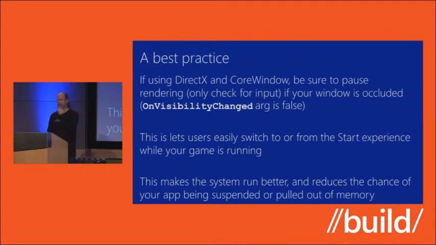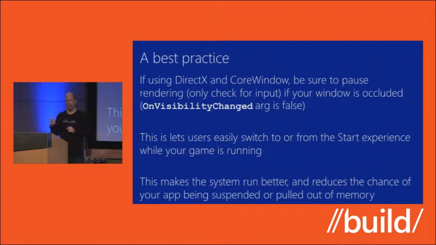Okay, there's another tidbit I wanted to remind people about, which is that while we work within the operating system to make sure that applications are given the primary access to the system resources when they're foreground, there's kind of an exception. If the user is playing your game and they switch out to the start menu because they want to just check a live tile or something, we don't necessarily currently throttle back your application.